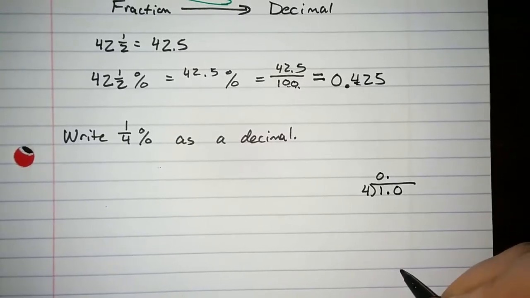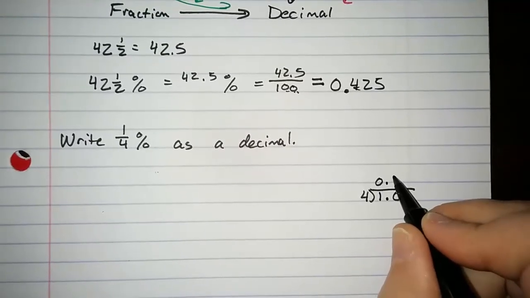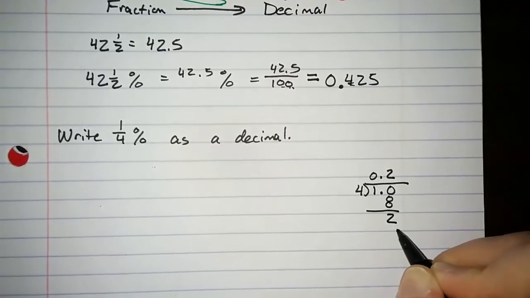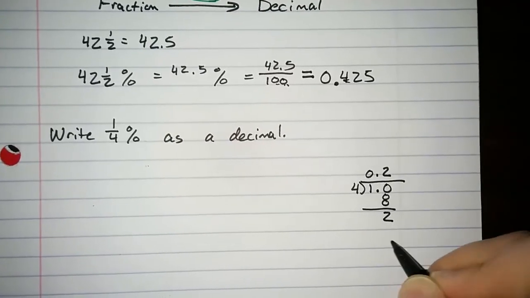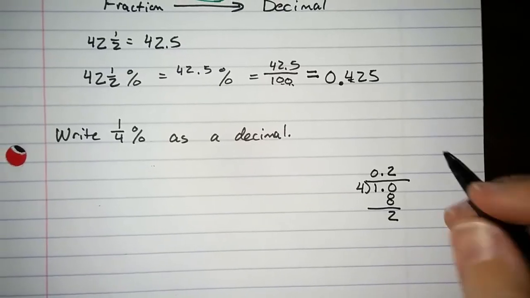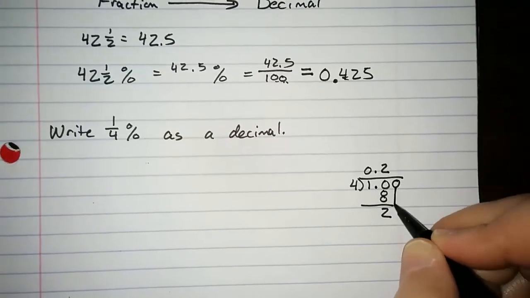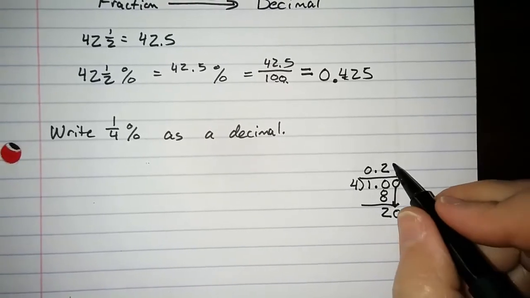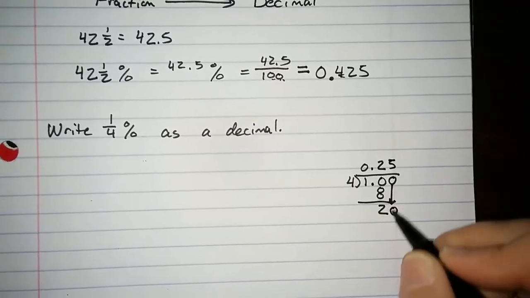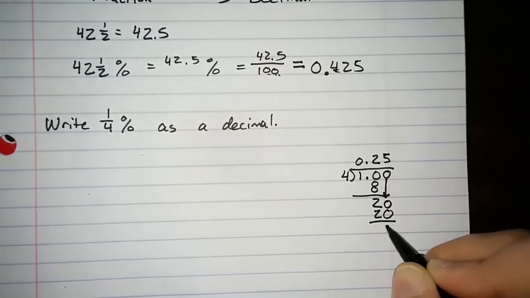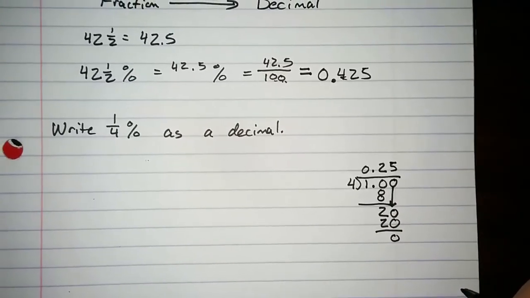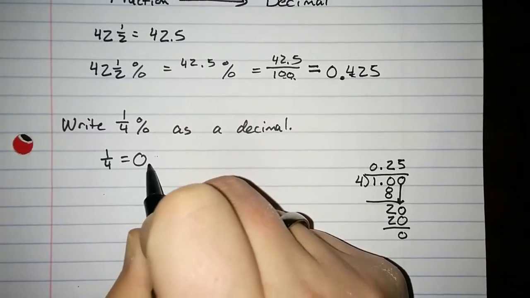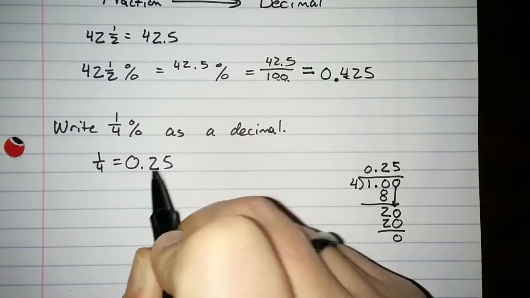So I'll add a 0.0. 4 goes into 10 twice, with 2 left over. Still got something left over, so I have to keep doing division. Bring in another 0 and bring it down. 4 goes into 20, 5 times, with nothing left over. So 1/4 is 0.25.